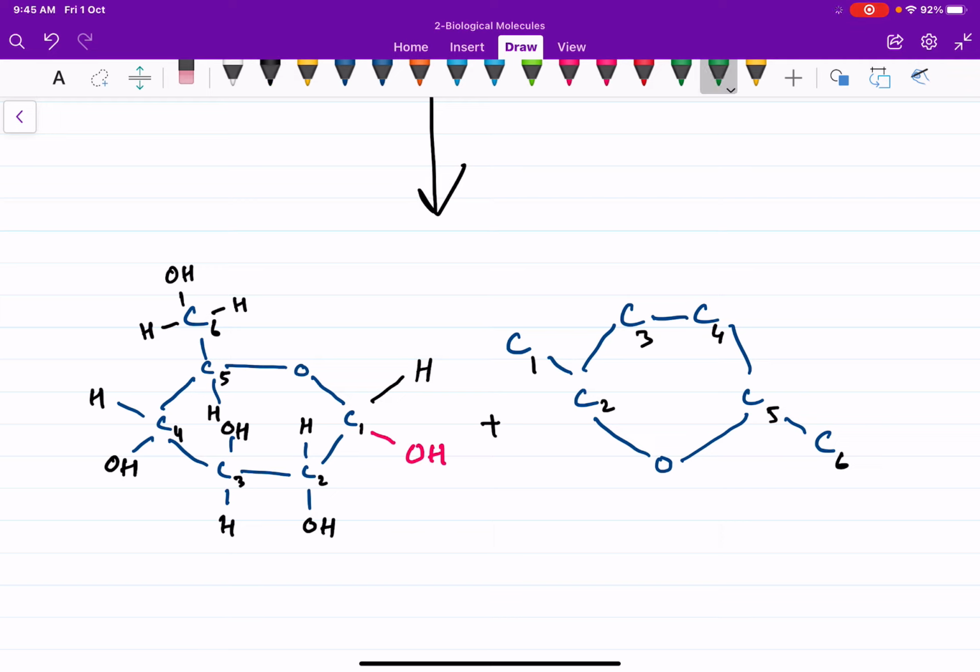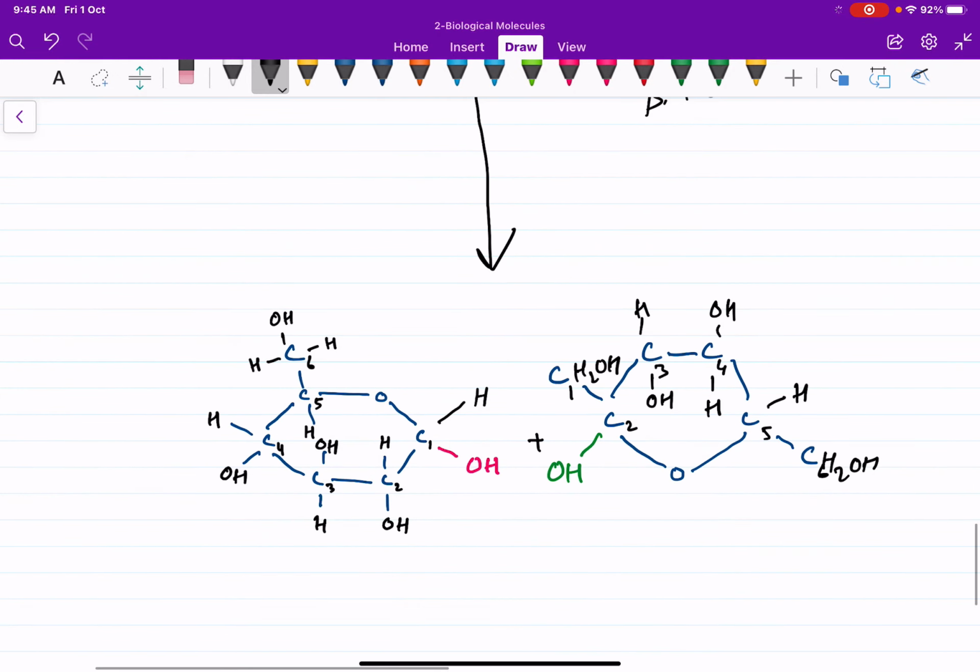The other functional groups on carbon number 2: it has an OH group here, and this will have CH2OH here, this is CH2OH here, this is an H here, this is an OH group here, an H here, an OH group here, and an H here. Do you see what I have done in this case?